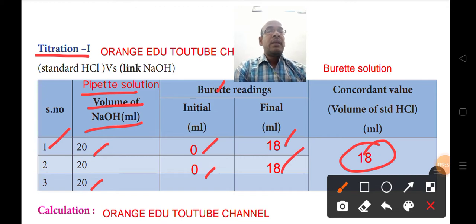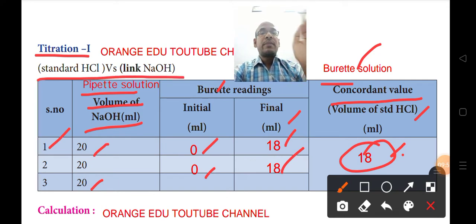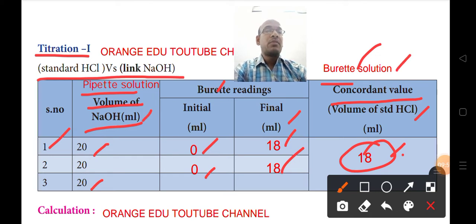In this case, the burette solution is written in the concordant value part. That is the final value and these two are the same. In this case, burette solution is HCl. Therefore, the HCl volume is 18 ml. This is written using the pipette solution and burette solution. Therefore, no need to memorize.